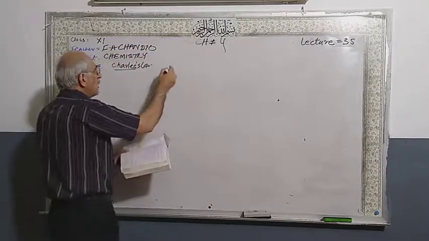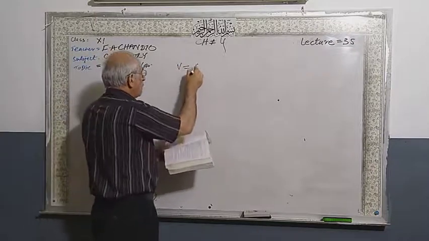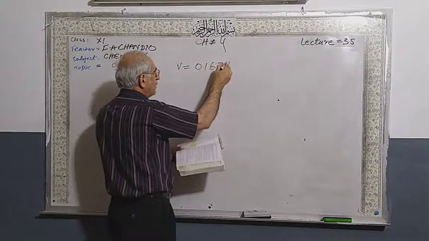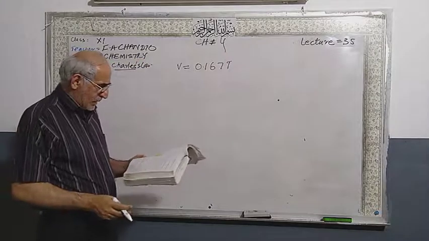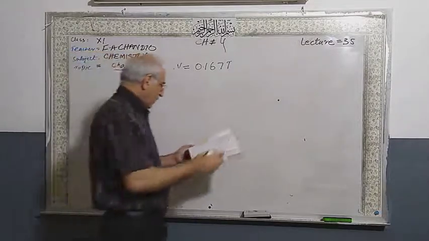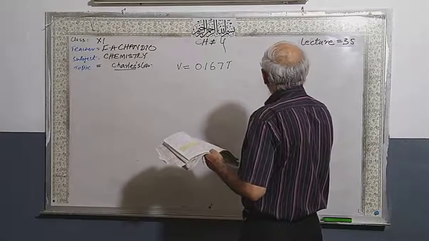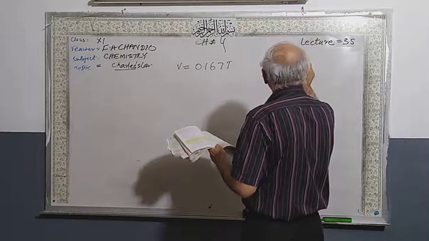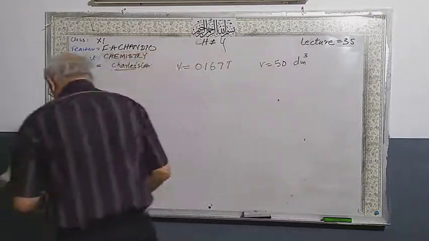According to Charles' law, V is equal to 0.167 T. Calculate the temperature when the volume is 50 decimeter cube according to Charles' law.